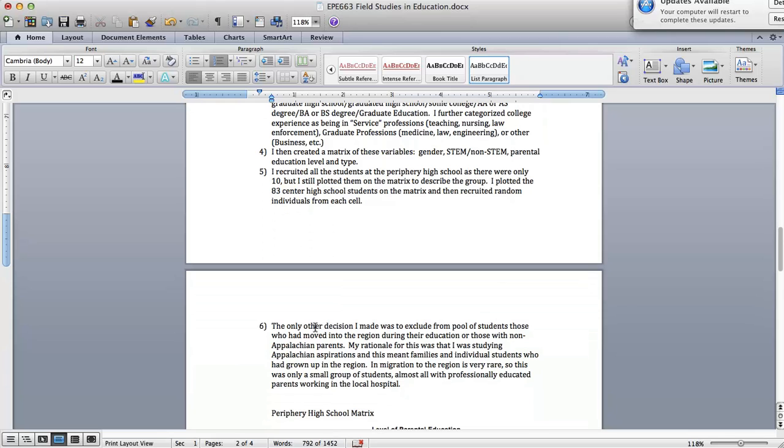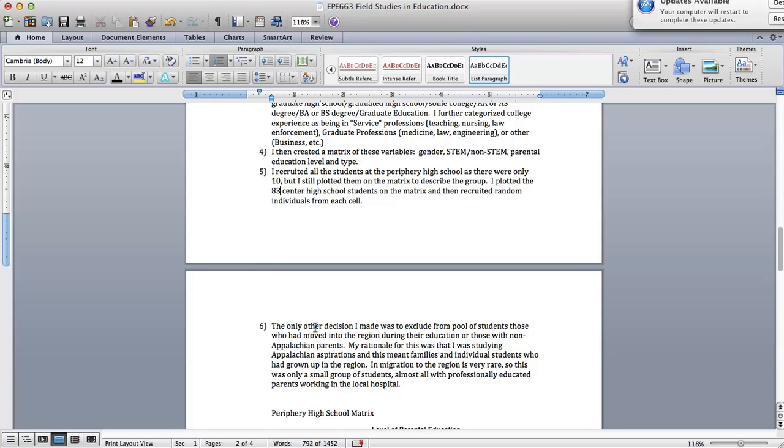The only other decision I made in selecting my participants was that there were some students in the city school whose families were not from the region. They had moved into the area in most cases because their parents had gotten on at the hospital.